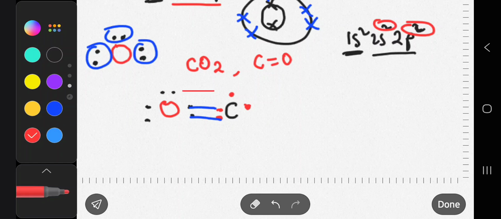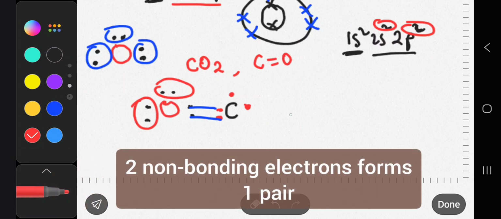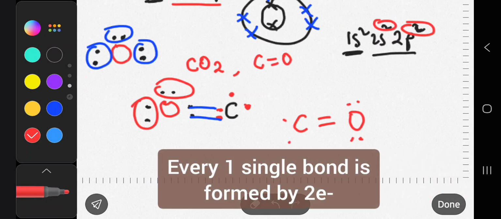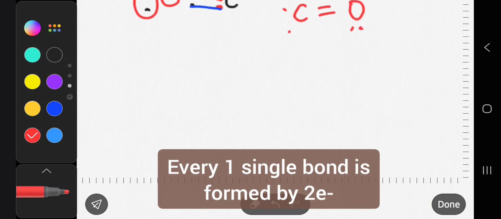You can see here we have this one and this one. These are non-bonding pairs, 2 non-bonding pairs of electrons. So if I'm to write this correctly, it's going to be carbon, oxygen, and this. Usually we don't get to show these ones, but it's also there. So that is that.